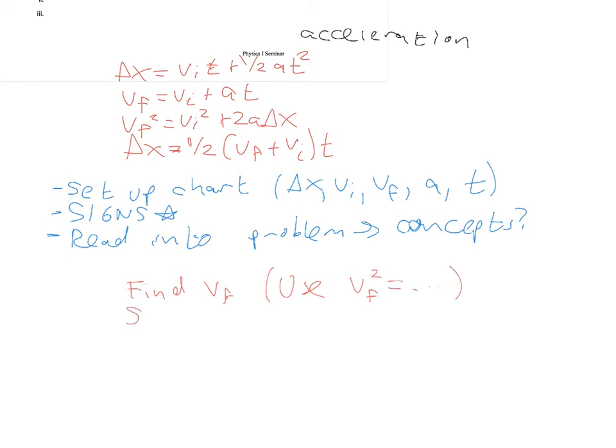Okay. Then, of course, the most important step is we're going to check our signs, all right, and make sure that they match logically with the problem. And then, once we have that, we're going to find t, and now we're going to use the VF equation, all right, to get that time. So that's our way of getting around the quadratic formula if you don't feel like doing that.